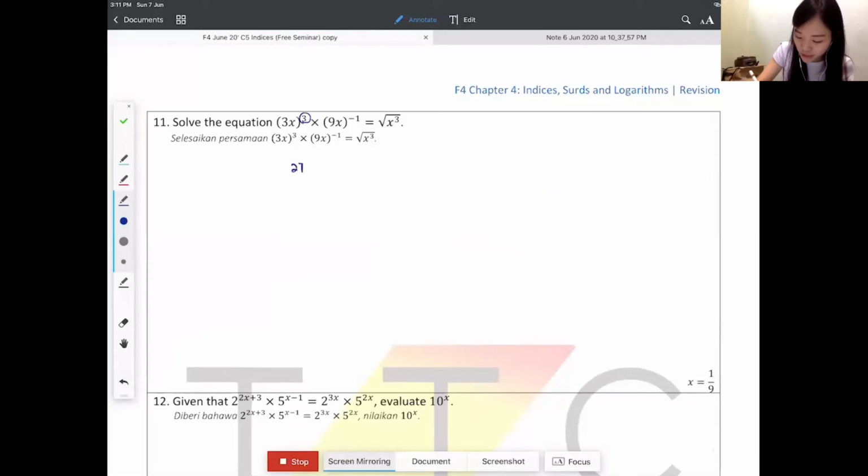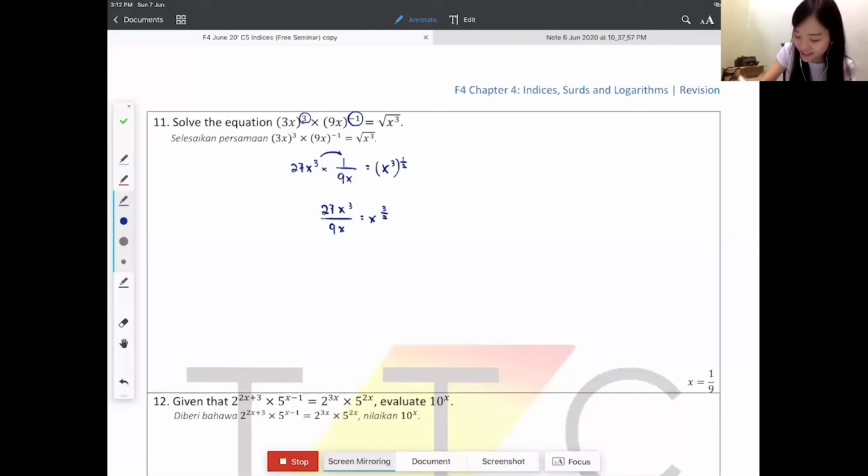I start from Puva. Puva, I show you how, I straight away do it for you. Cube, 27x cubed, times power negative 1, actually at the bottom. This one, cube root. Square root is power 1/2. So you can times this in. If you times to the top, 27x cubed over 9x equals x power 3/2.